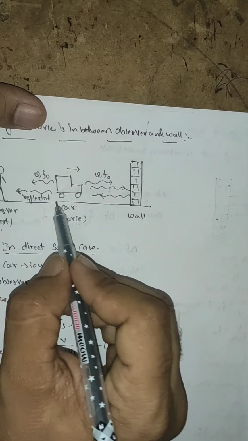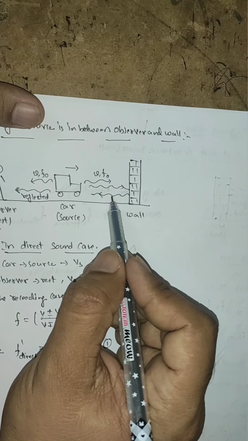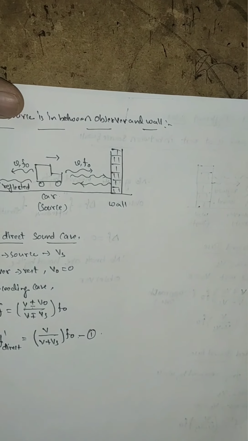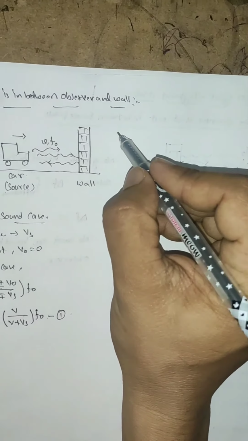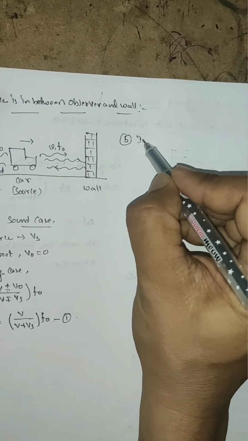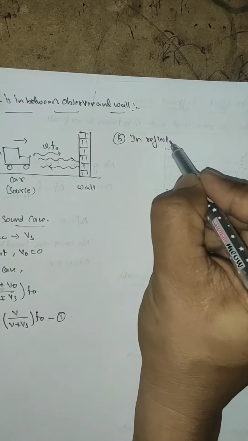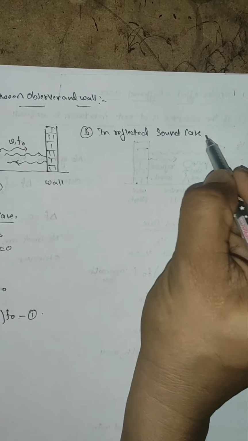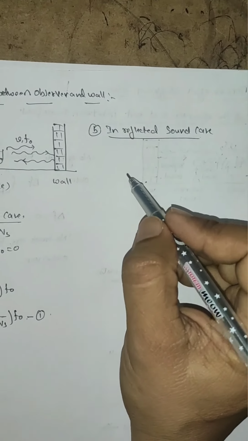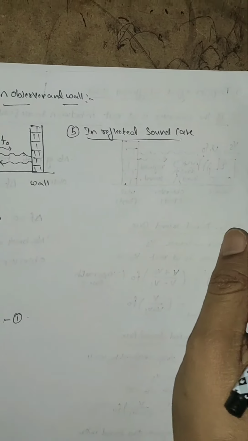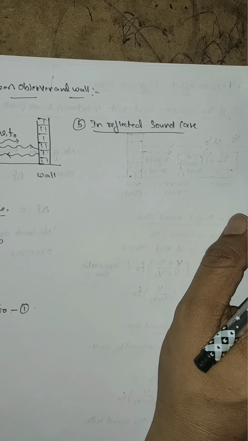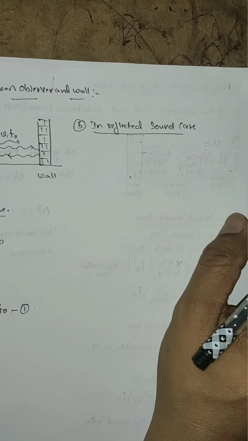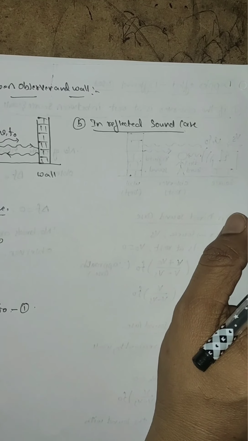First of all, let us calculate the frequency of the reflected wave. In the reflected sound case, first let us find the frequency received by the wall, and after reflection, that wall will be the source.